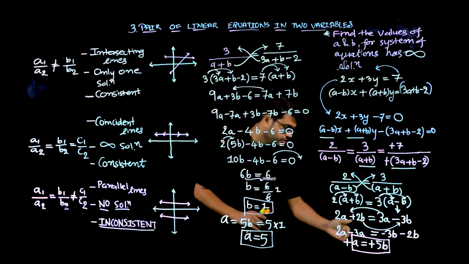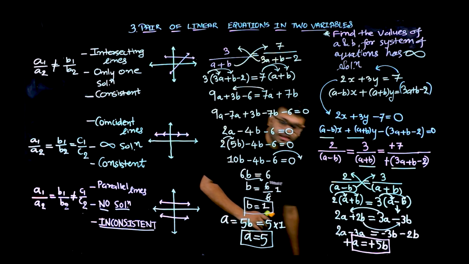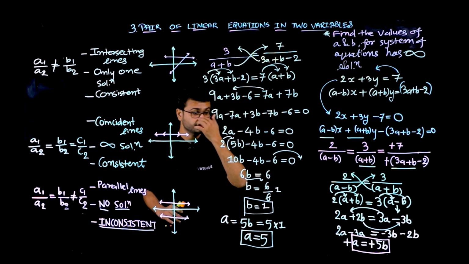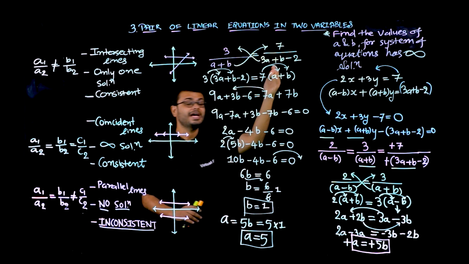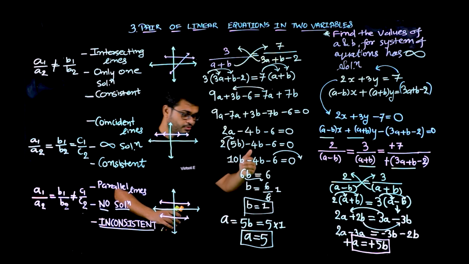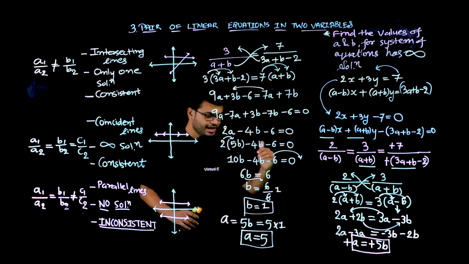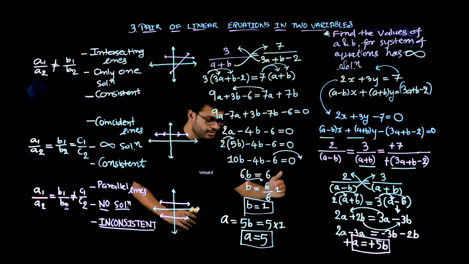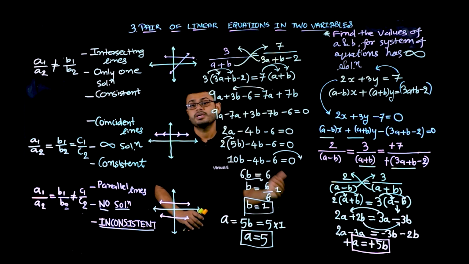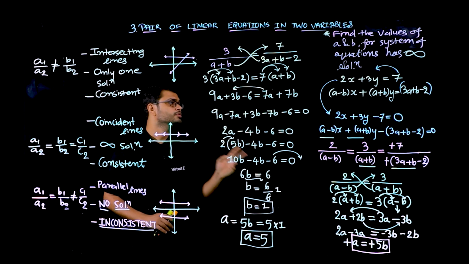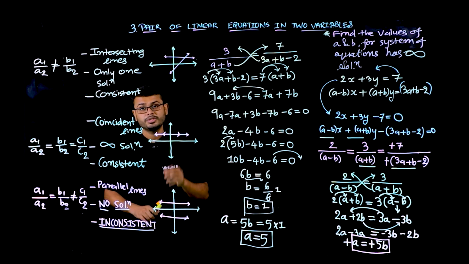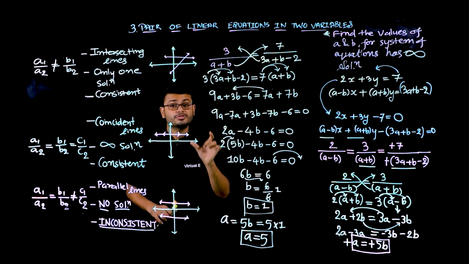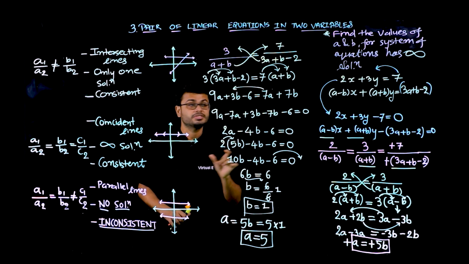My first equation is a is equal to 5b, and my second equation is 2a minus 4b minus 6 is equal to 0. I have simplified it, so you get the value of one variable. After getting the value of one variable, substitute into the other one, so we get the values of two unknowns. So this is how we solve equations when the nature of the system of equations is given.